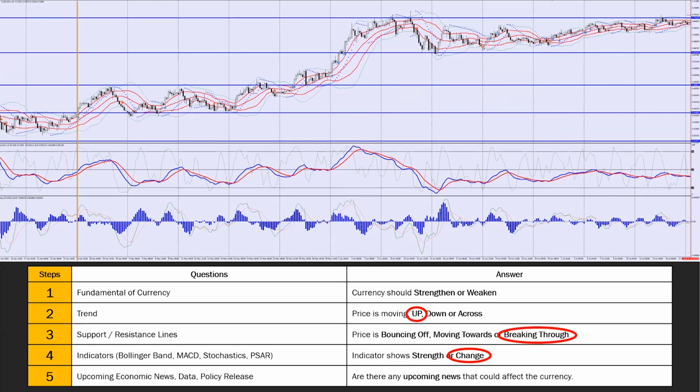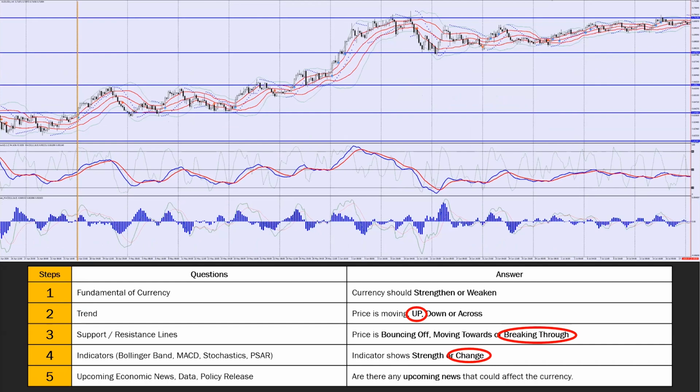This is the left side of the chart, the first trade where we have that yellow golden line there. Step one, fundamentals of the currency. We've already been through that. We said that over this period of time, it has been stronger Aussie economics and weaker US economics, so the currency should strengthen. It should go up.